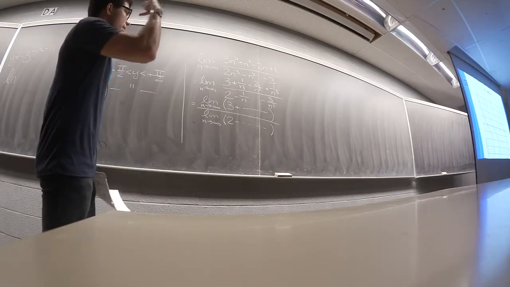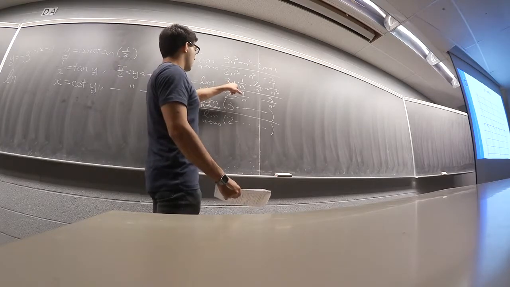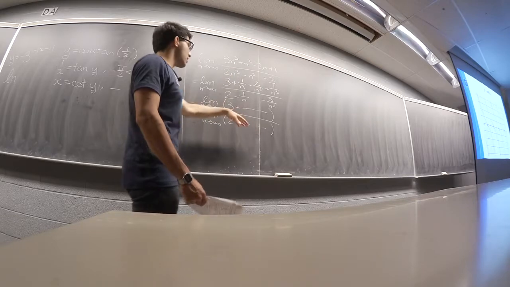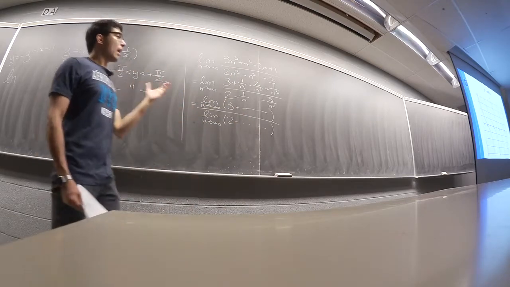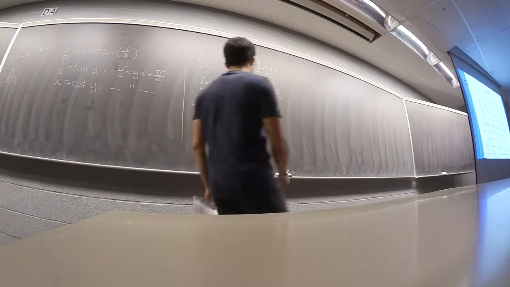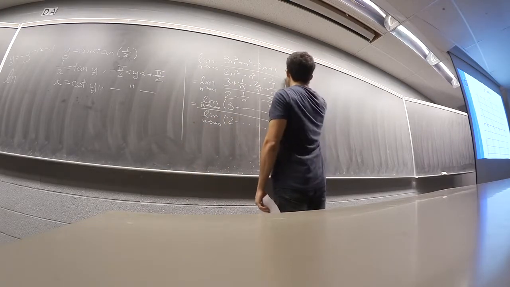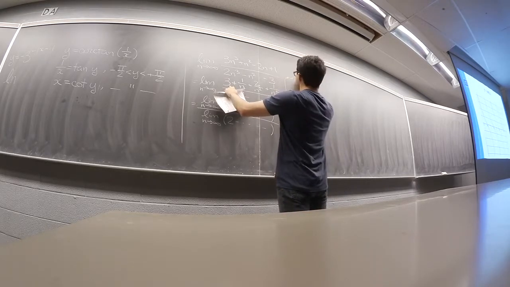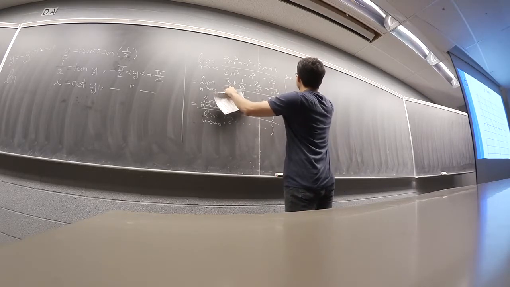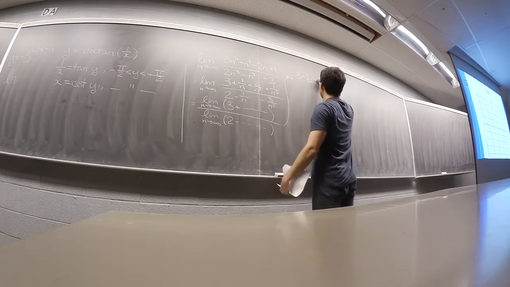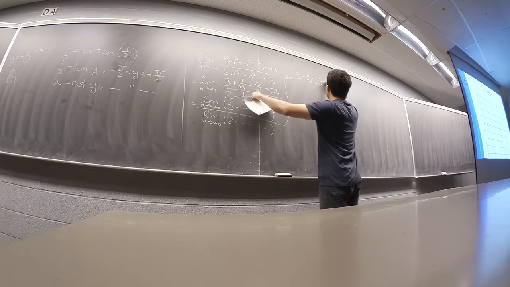Then you'd use the next limit law, which tells you that the limit of a sum is the sum of the limits, and the limit of a difference is the difference of the limits, and that if you have a constant, you can bring the constant out in front of the limit. That would allow you to write it like this. Oh boy. The limit of a constant is just a constant. If you wanted to write this in full using the limit laws, you'd have to go through this pain.